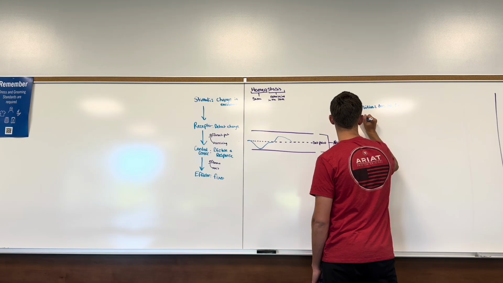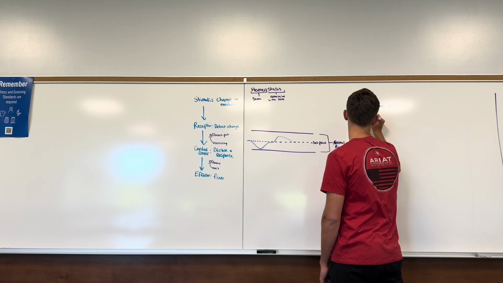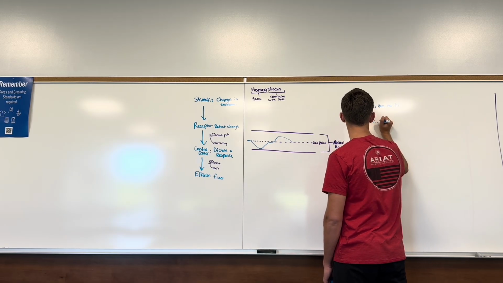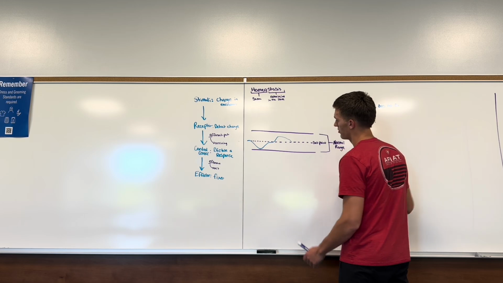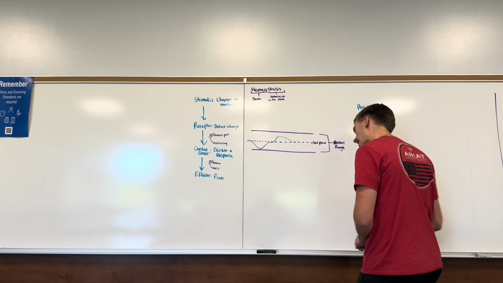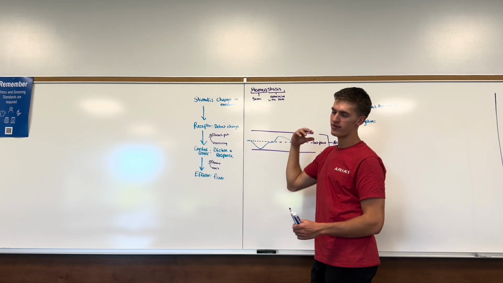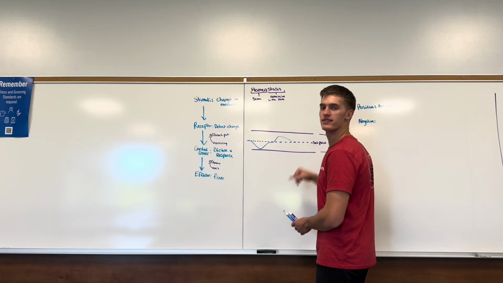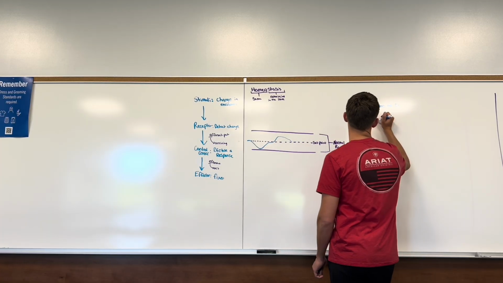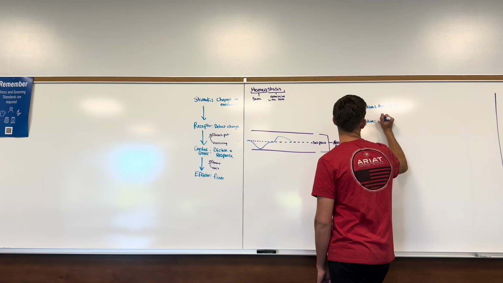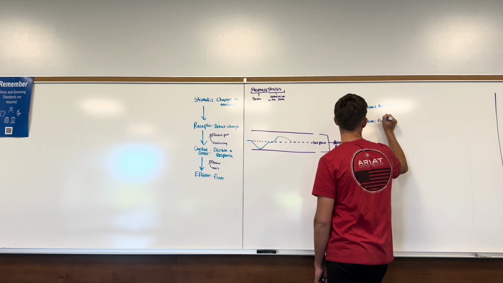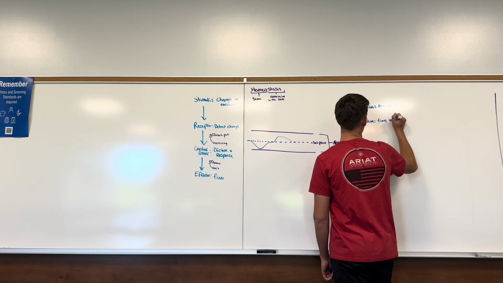Negative feedback is a perfect response. Something happens and your body responds perfectly to bring it right back to the set point. So it fixes variation.